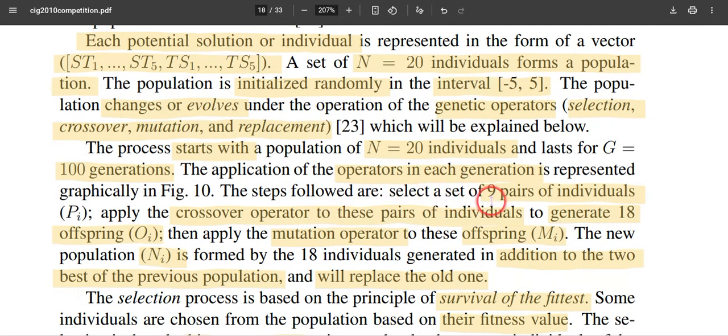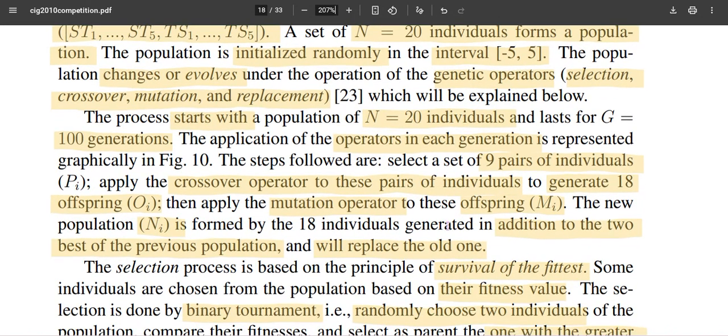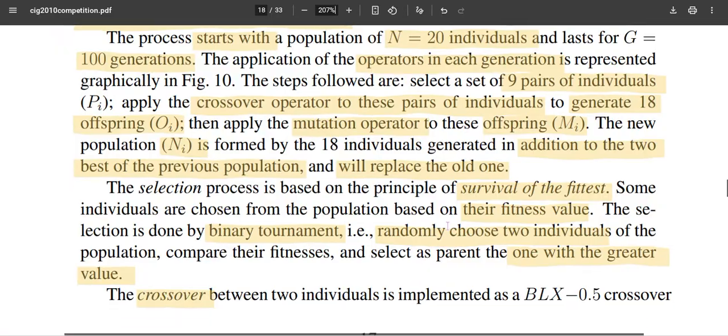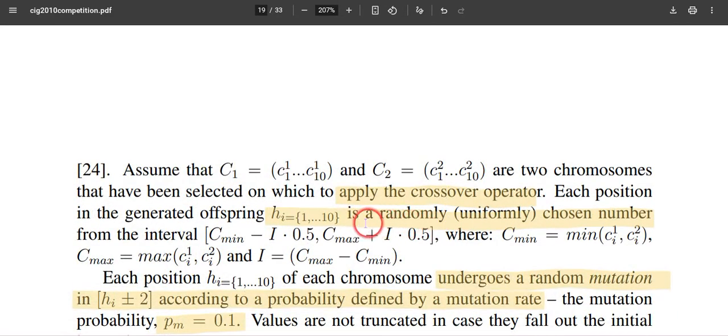So these 9 pairs will be taken, crossed over and mutated to get new ones, and the 2 best from the previous generation will be retained. The crossover and mutations will have some randomization, and the location to be mutated will be uniformly selected from 1 to 10.